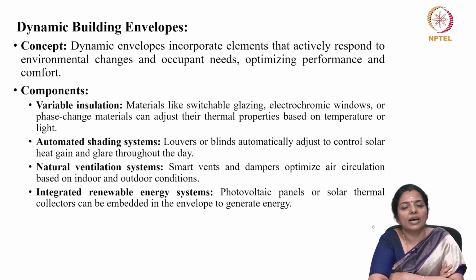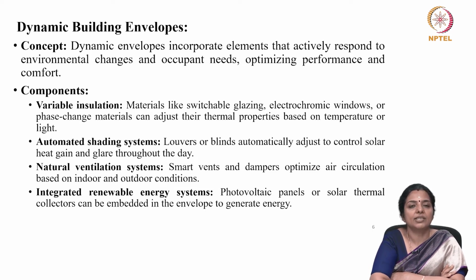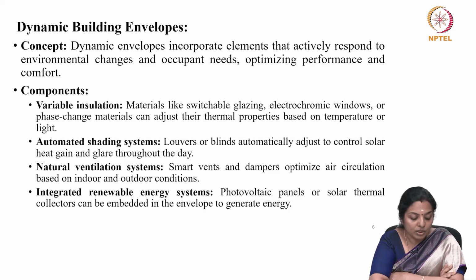You can also have natural ventilation systems in the form of smart vents and dampers, which control air circulation based on indoor and outdoor conditions. You could also have integrated renewable energy systems.